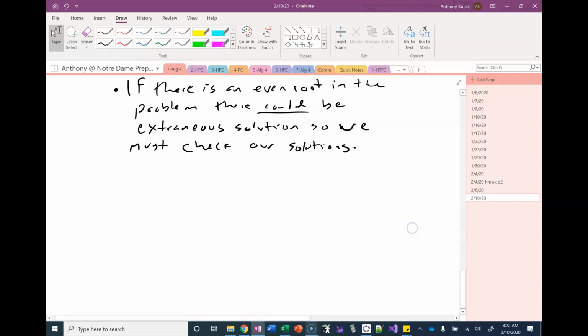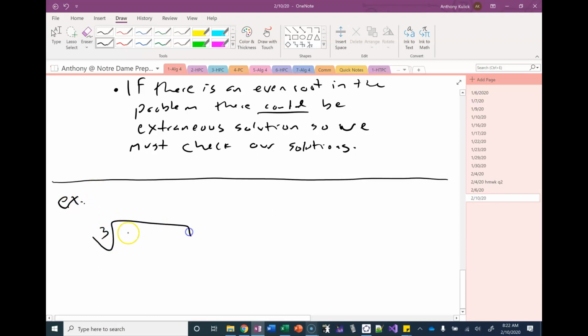Let's look at some examples here of the kinds of problems that we're going to be solving. So we'll start from things that are fairly straightforward and progress to things that are perhaps rather complicated.